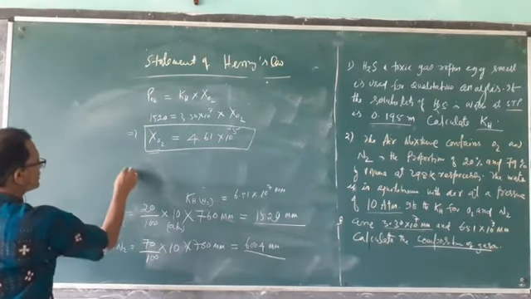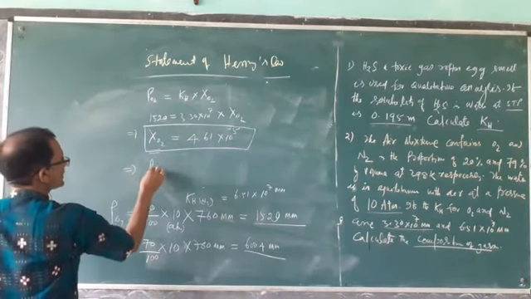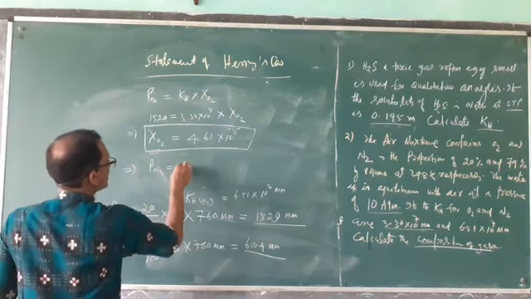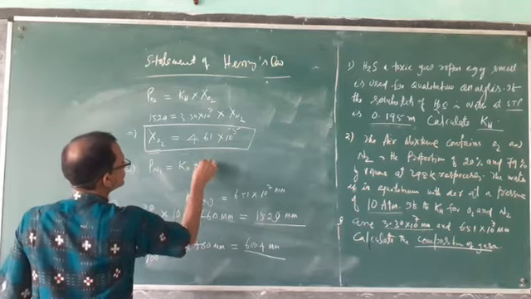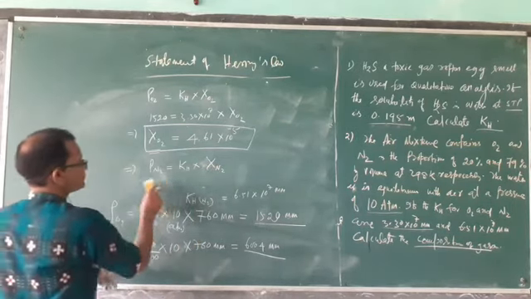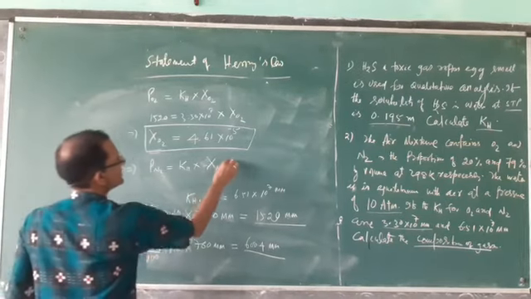Similarly, for nitrogen, the partial pressure of nitrogen is equal to KH into the mole fraction of nitrogen.